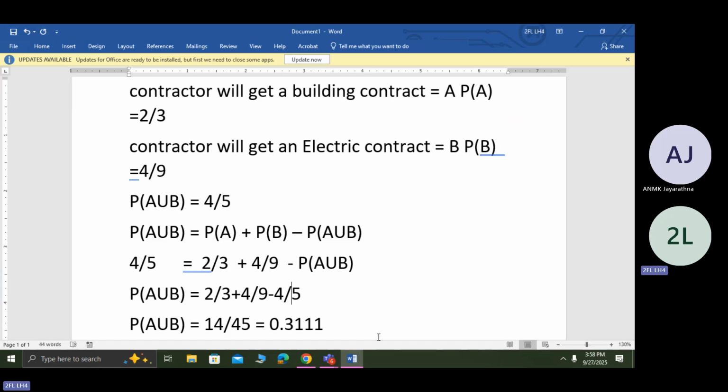This is the probability he will get both.